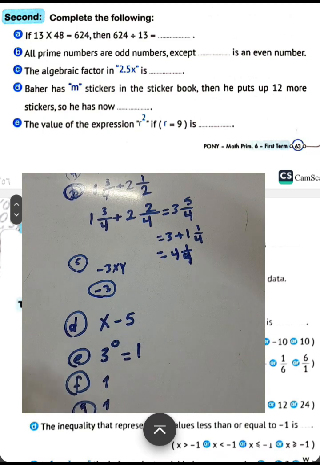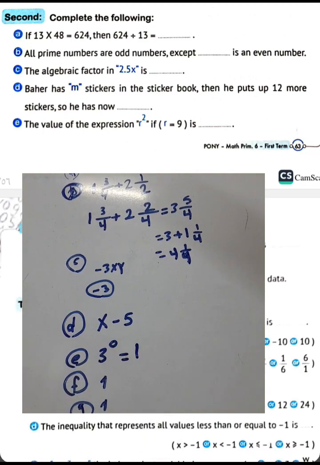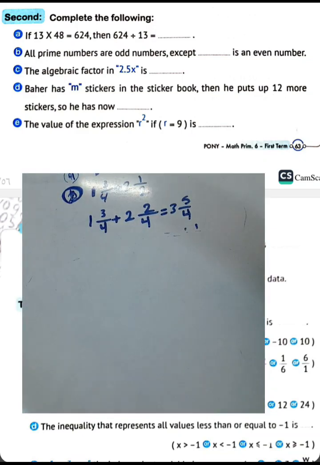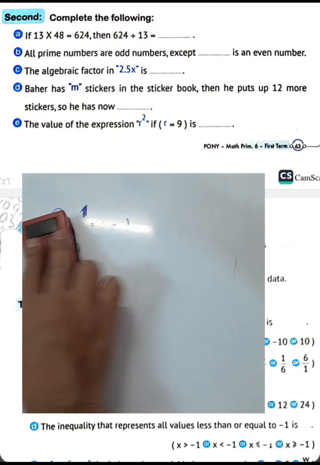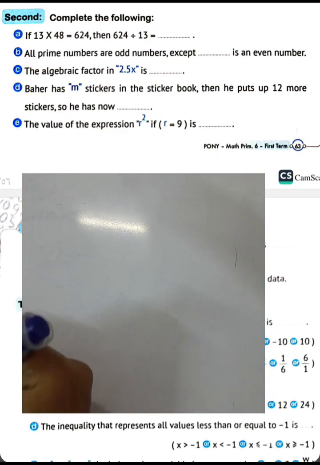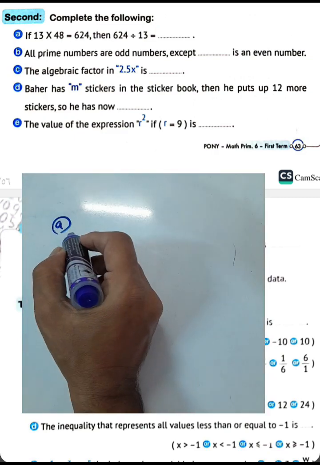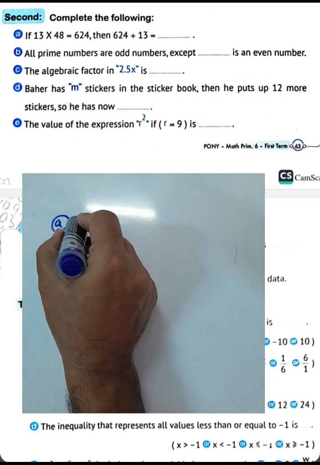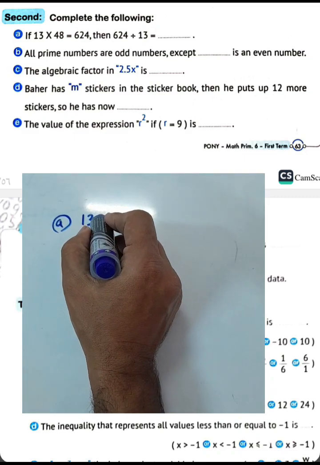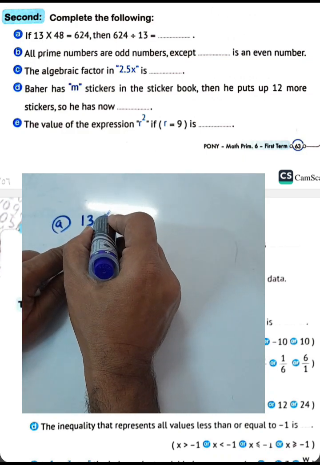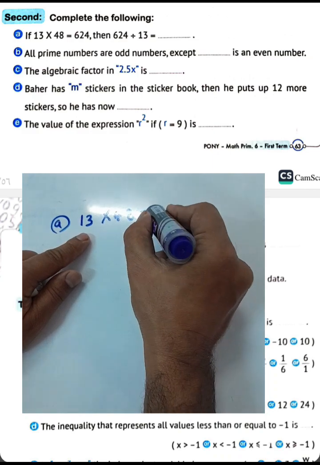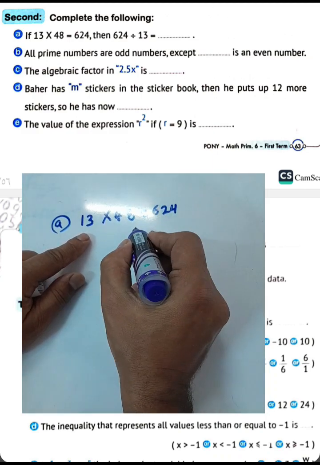Question number 2. Second, complete the following. If 13 times x equals 48, question letter A. Pay attention with me. He gives us this information: 13 times, or multiplication, is a product. 13 multiplied by 48 equals 624.